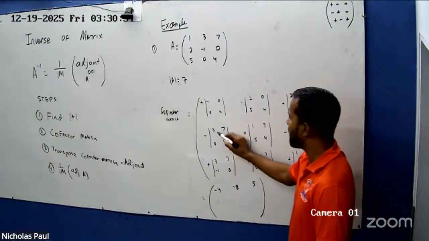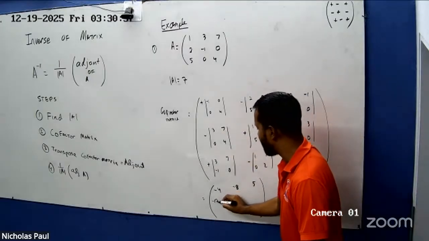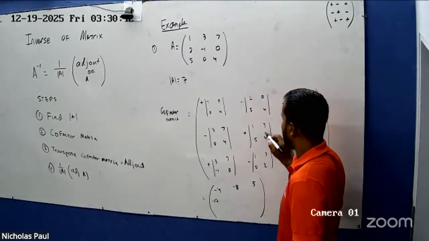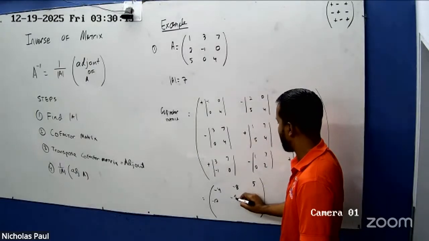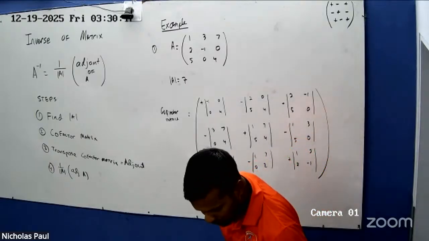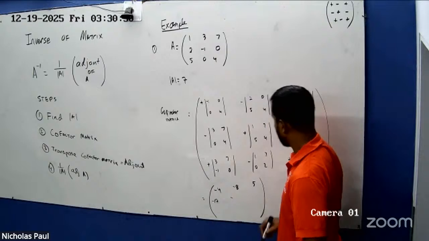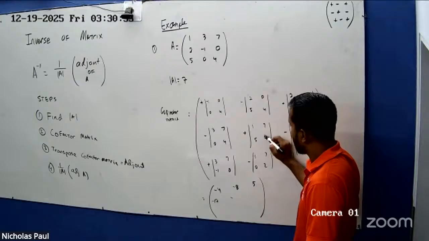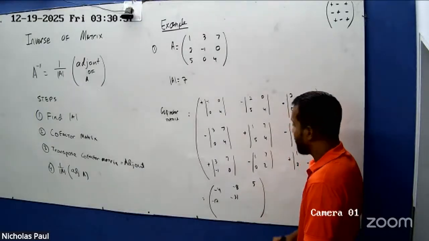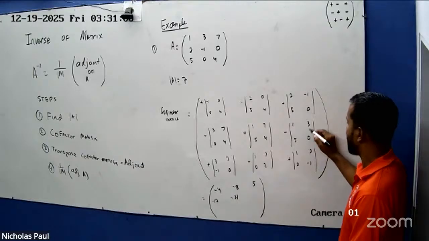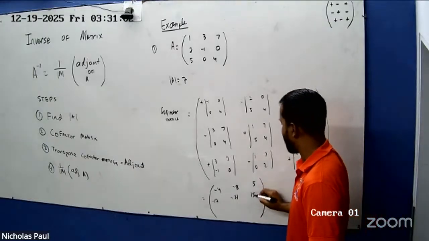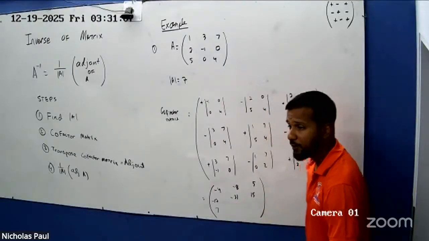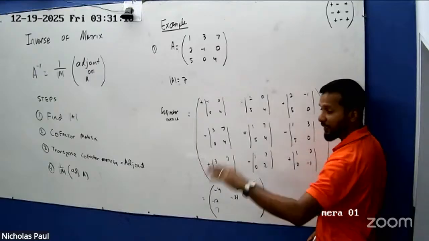Come here now. 12 minus 0, put the minus on the outside. 4 minus 35 is minus 31. Sorry, that's wrong. Here, 0 minus 15, so that's positive 15. 0 minus 7. Everybody okay with that? Once you get your minor, attach your sign to it as a cofactor.